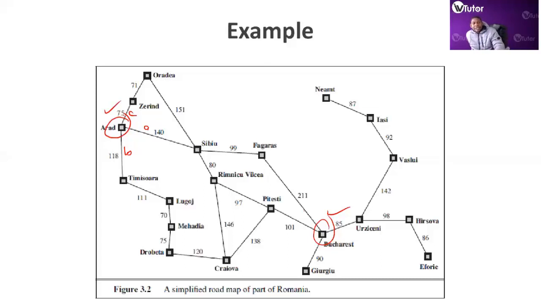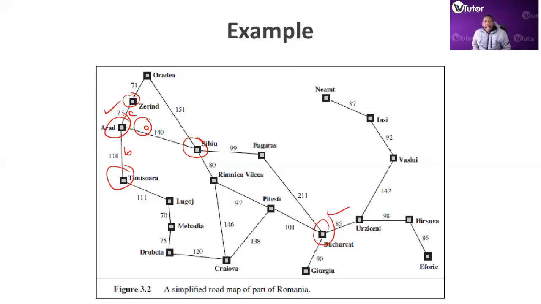If I am in Arad and I take action C, I'm going to end in Zerind, if that is the correct pronunciation. If I take A, I'm going to end in Sibiu. If I take B, I'm going to end in Timisoara.